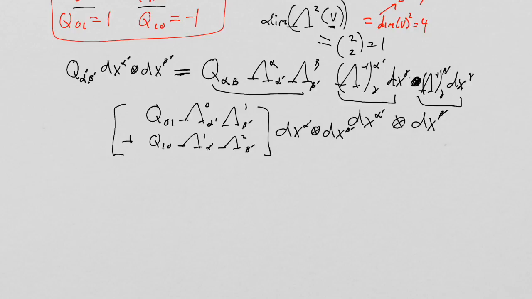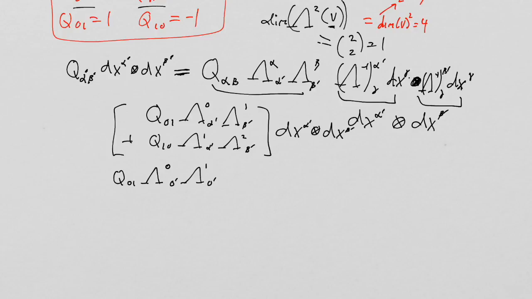So for example, I could choose q 0,1 lambda 0, 0 prime, lambda 1, 0 prime.